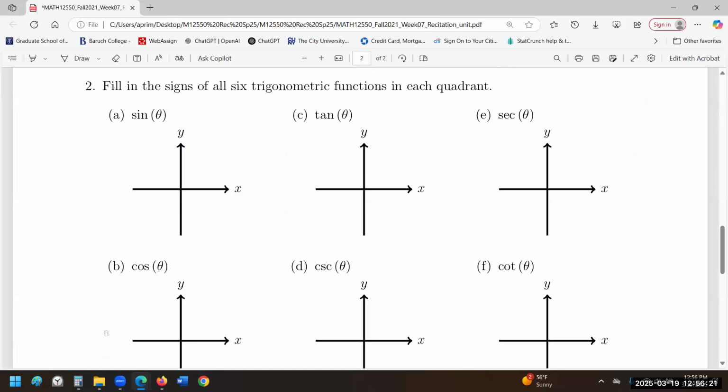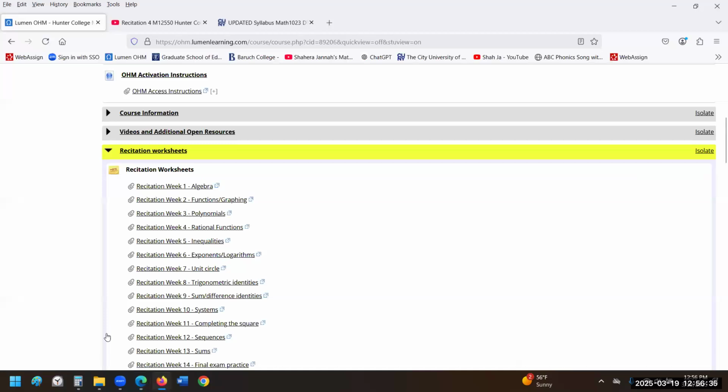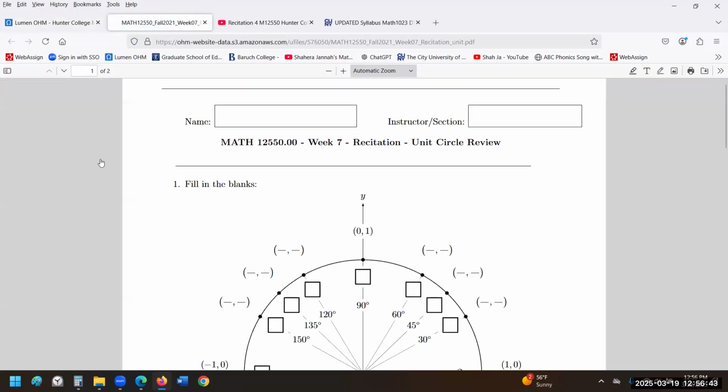Can you see it as well? No, we can't. So to find this, you can go to recitation worksheet, and this is the seventh one, week 7 unit circle. If you click on it, you'll see this worksheet.